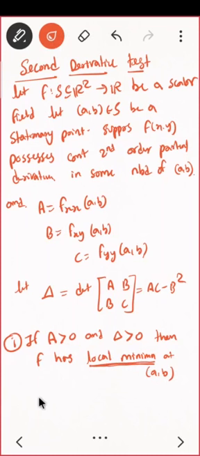Correct? The second case is, if A is negative and delta is positive, then f has local maxima at (a, b).